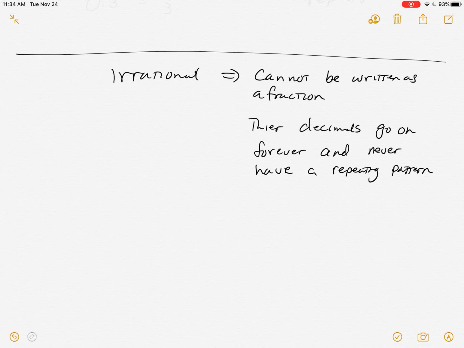So let me give you some examples of known irrational numbers, numbers that you know. Pi. Pi, that number that we use in a circle, is 3.14, and there's like posters of it. Let me just see if I can bring up pi on my calculator.